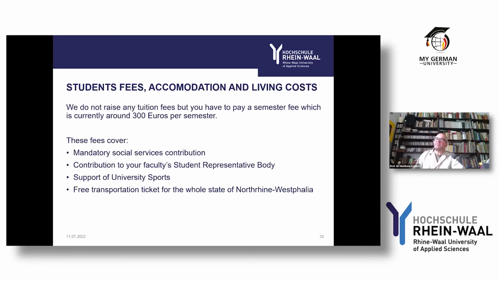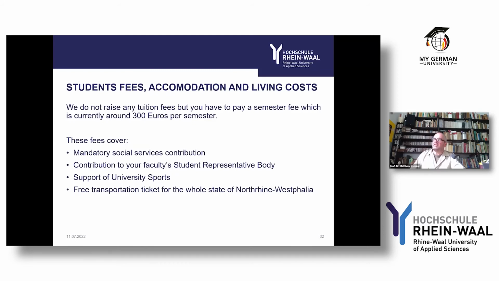Actually, we are, as we said, a public university, so we don't have any tuition fees, but there is an organization fee of a bit less than 300 euros per semester. As I mentioned already at the beginning, the major part of this 300 euros is the free transportation ticket for the whole state of North Rhine-Westphalia.